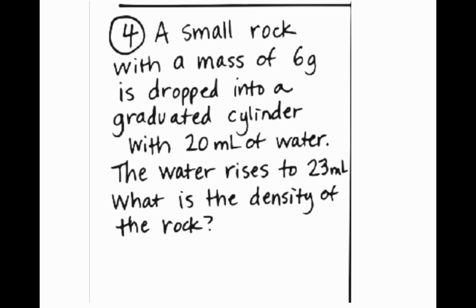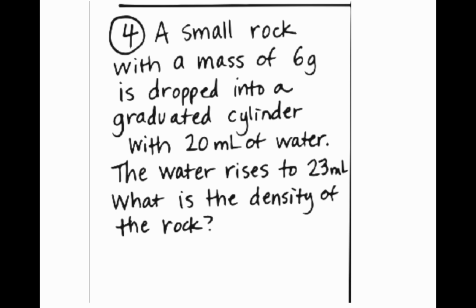Number 4, a small rock with a mass of 6 grams is dropped into a graduated cylinder with 20 milliliters of water. The water rises to 23 milliliters. So what is the density of the rock? So we're going to use our very simple density equation. Density is mass divided by volume.